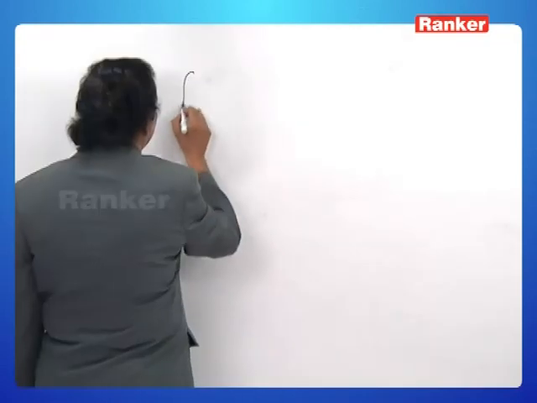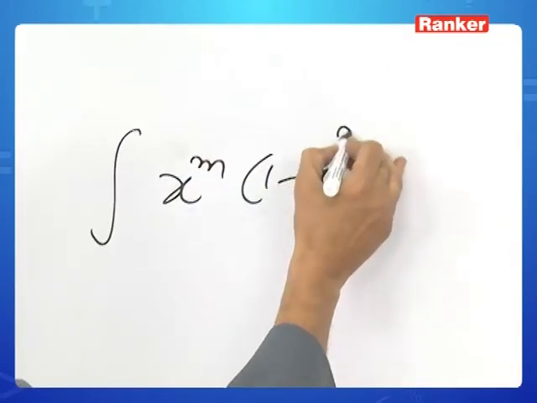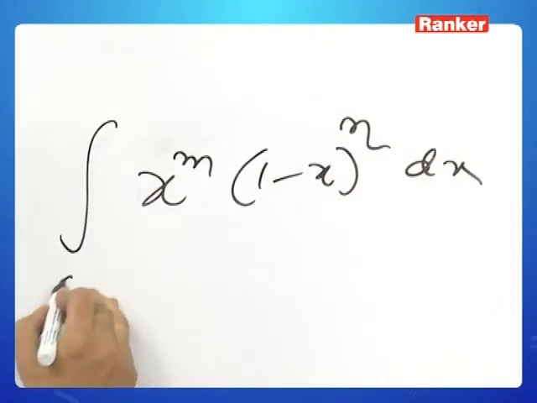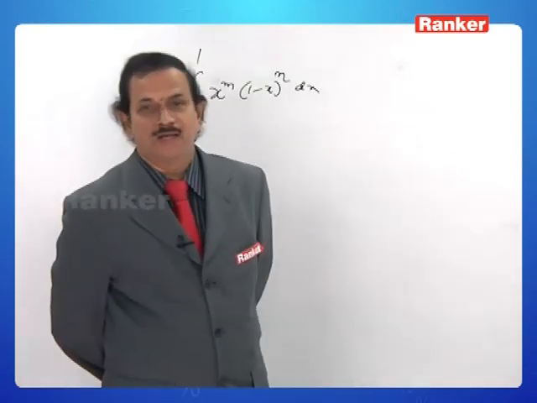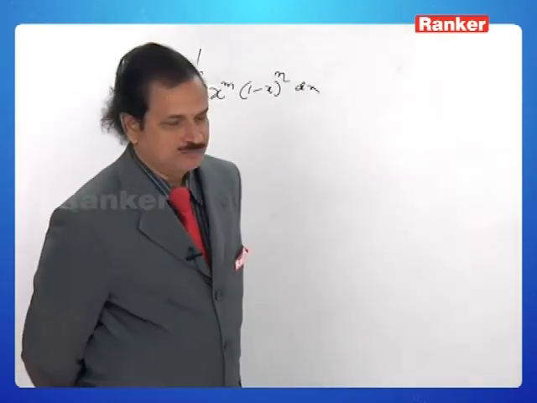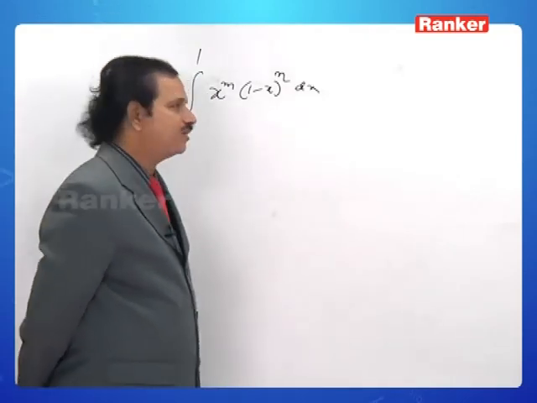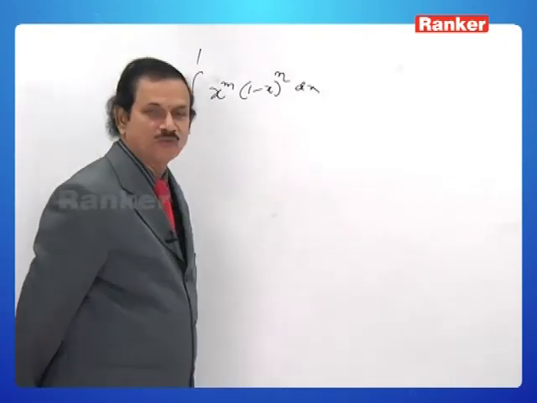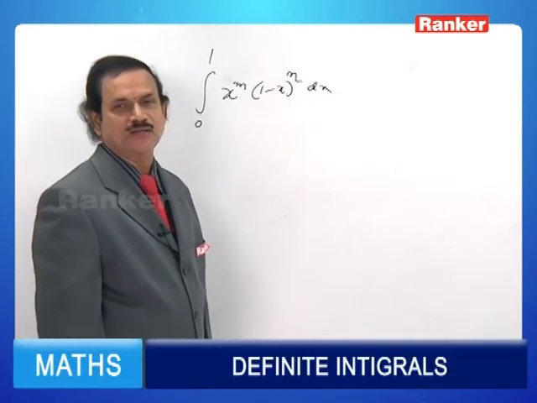Well, next. Integral of x power m into 1 minus x whole to the power of n dx between the limits 0 to 1. One more standard question. Well, you see, it can easily be simplified by taking x equal to sine square theta or x equal to cos square theta.